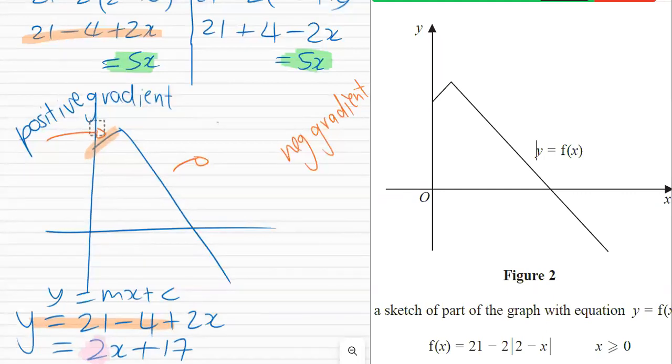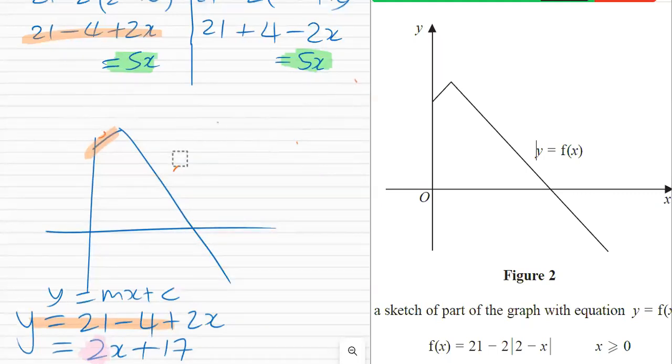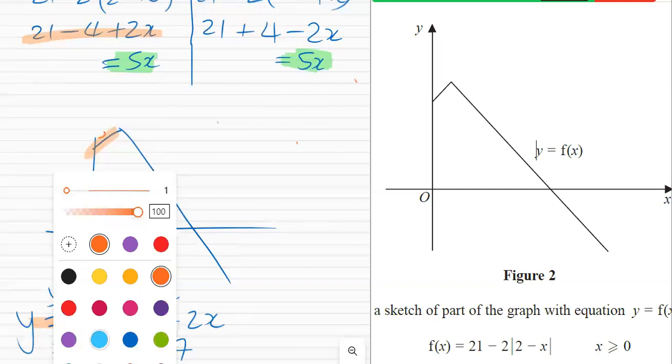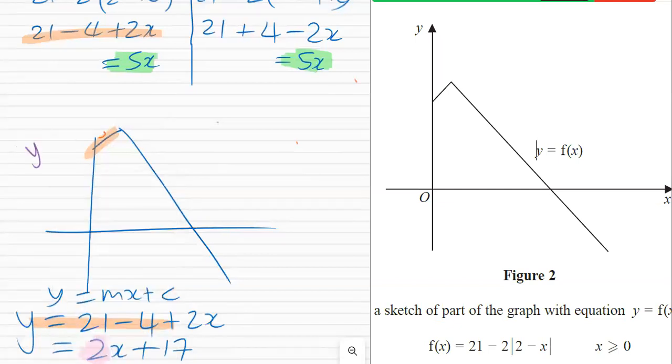I just want to clean this up a little bit. The other one must be on the other side. So if I write that in, this is y equals 2x plus 17, and this little piece here. And on the right-hand side, we have the other one.